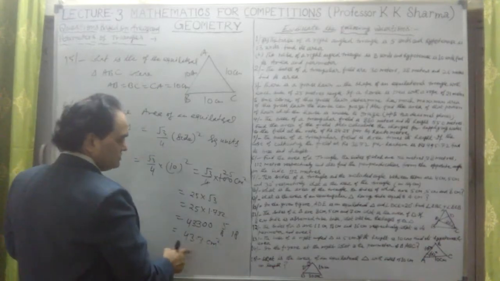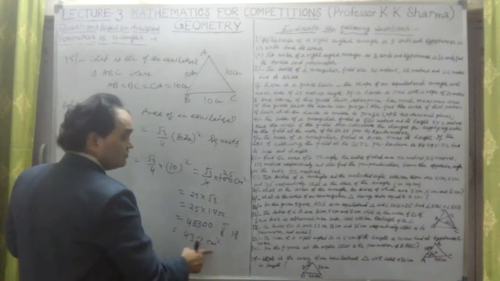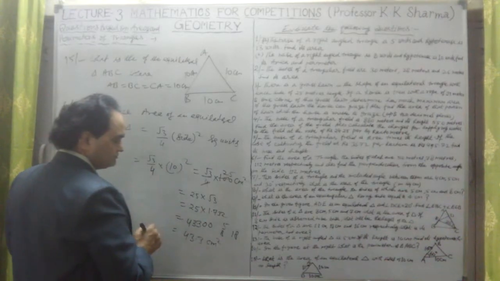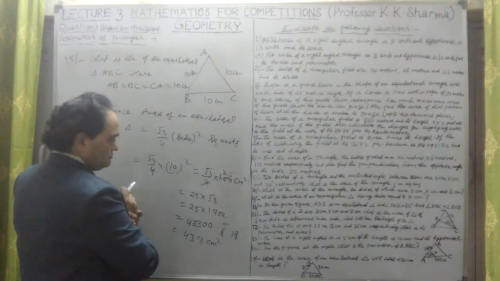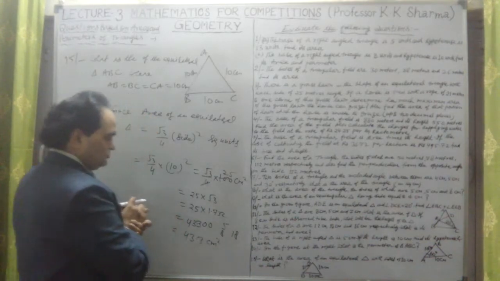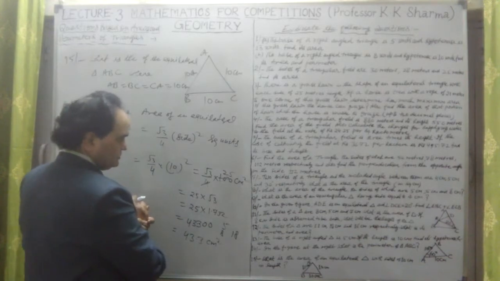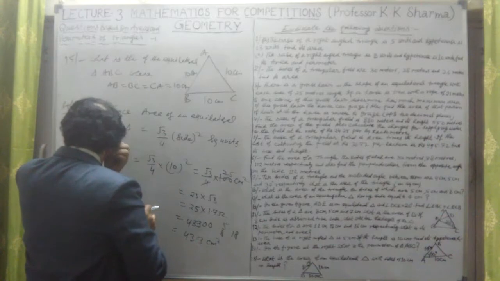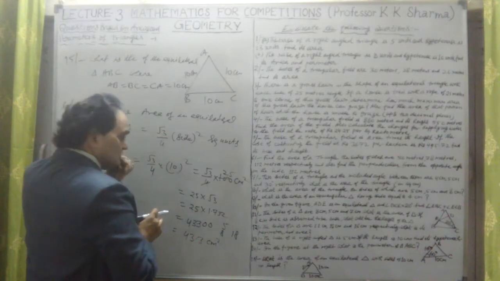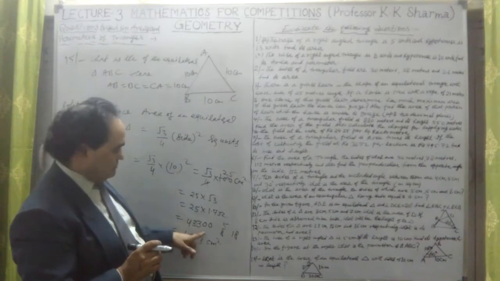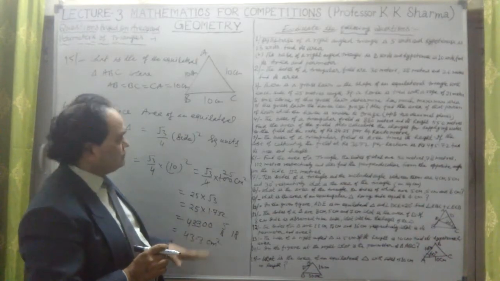So the area there is also 43.3 square centimeter, because it is 25 into root 3, where root 3 is 1.732.